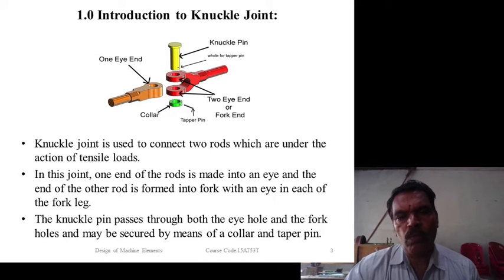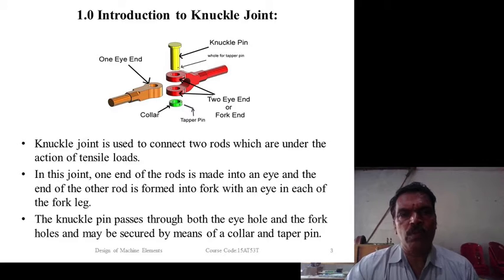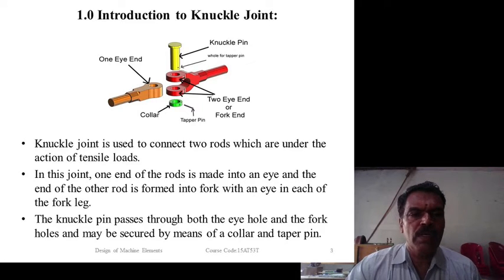After that we can insert the knuckle pin through these holes, then place the collar, and lock it using the cotter pin. Like this it gets assembled. This is the assembly of the knuckle joint.